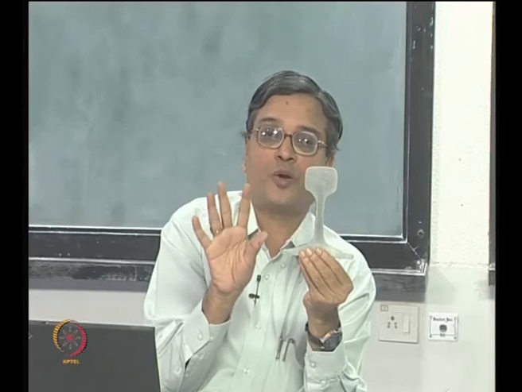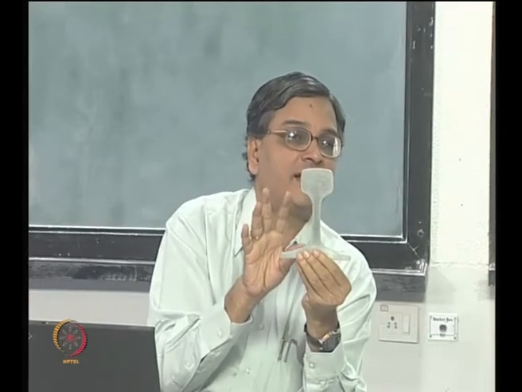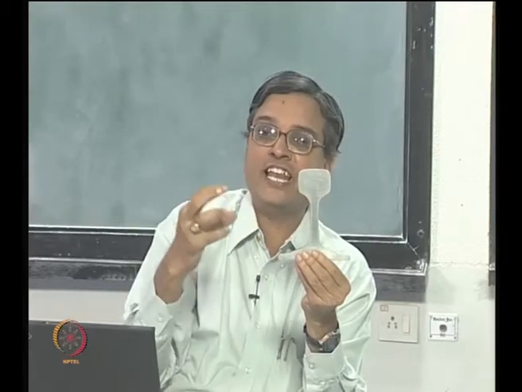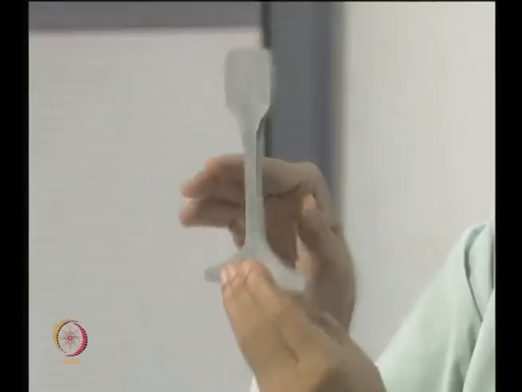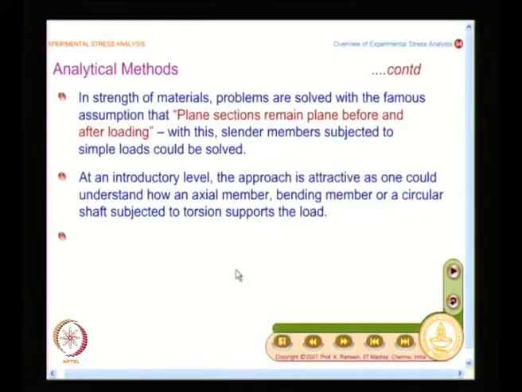So your analytical approach to the problem, you have not solved the problem of the rail to start with, but your understanding of bending, that the stresses vary linearly and the inner core is not contributing, is effectively utilized in arriving at the shape of the rails.